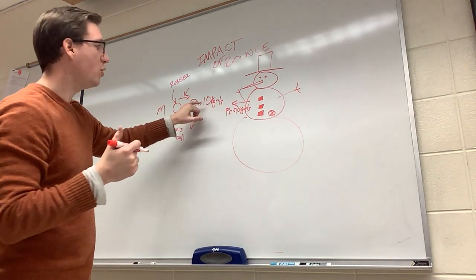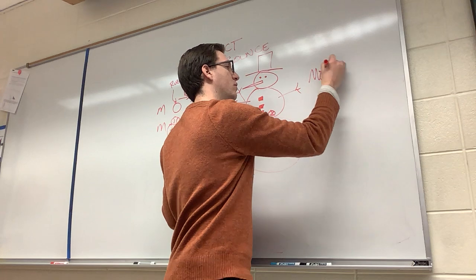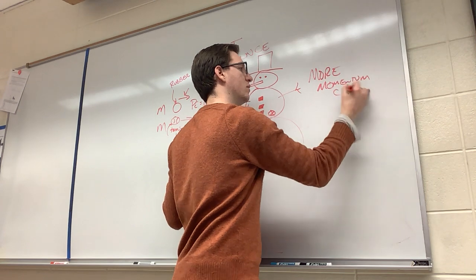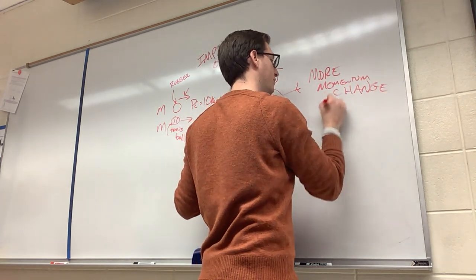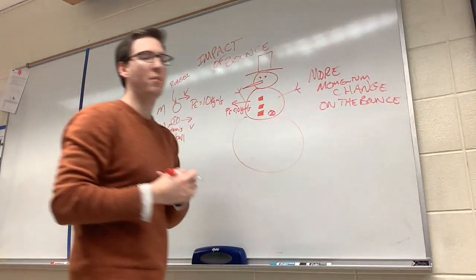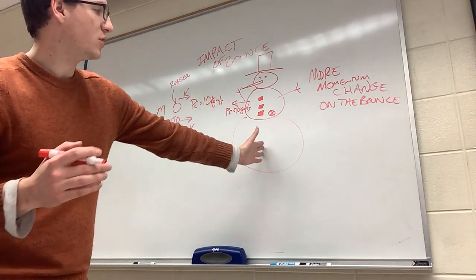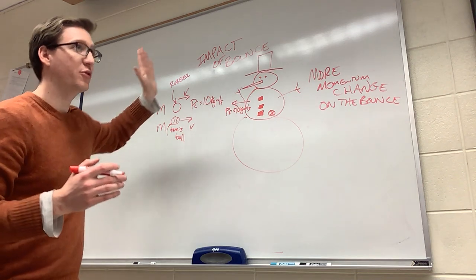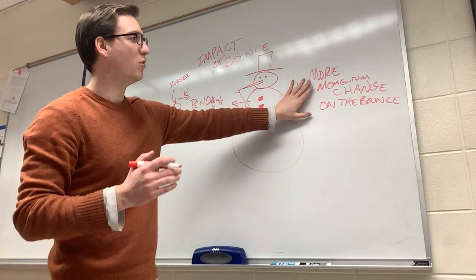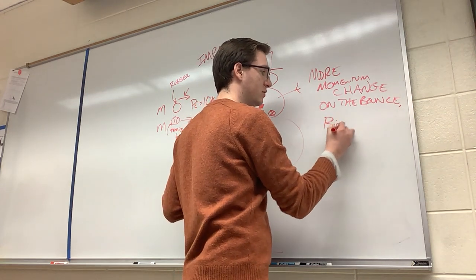So there's more momentum change on the bounce. Because instead of just going from 10 to 0, you're going from positive 10 through 0 down to negative 10. And because there's more of a momentum change, that means that it's a bigger impulse.